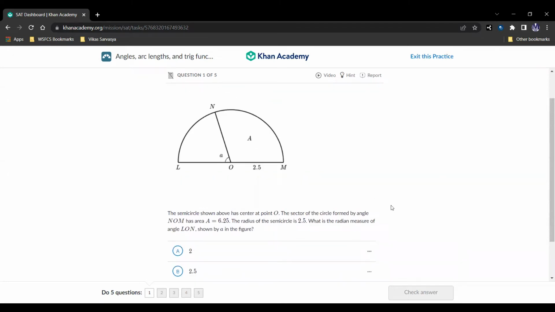Actually, let's find the area of the whole circle. So it's going to be pi times 2.5 squared, which is going to be 19.63.